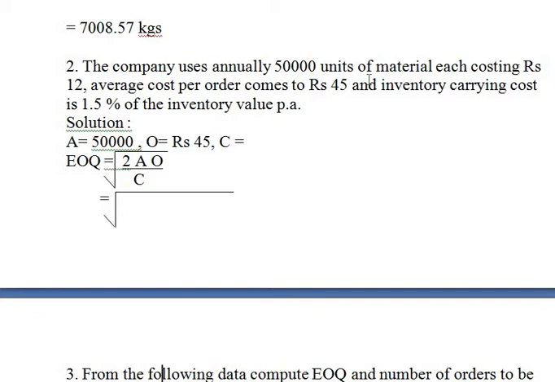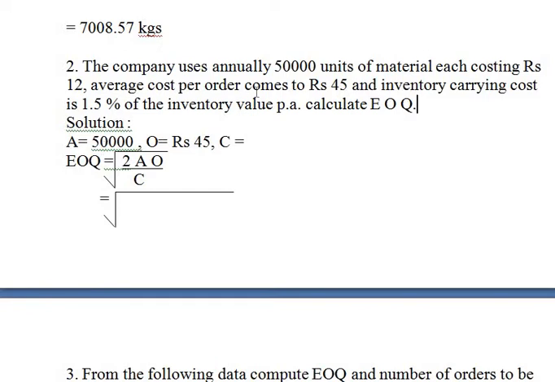Average cost per order comes to rupees 45 and inventory carrying cost is 1.5% of the inventory value per annum. Calculate EOQ.